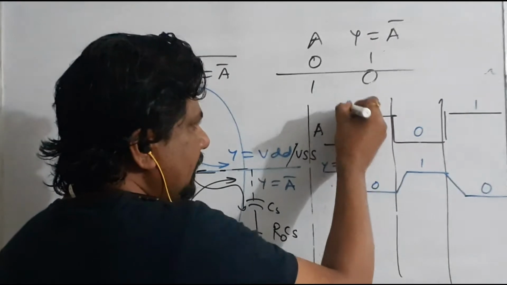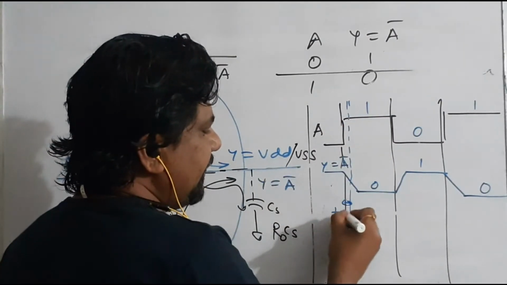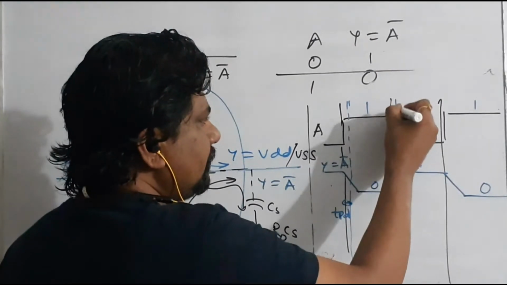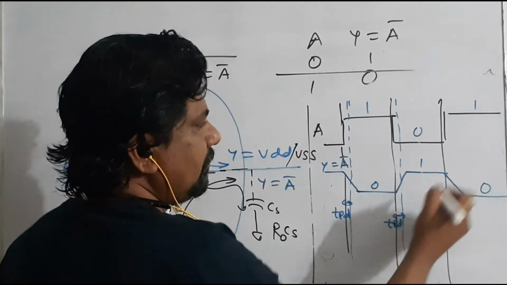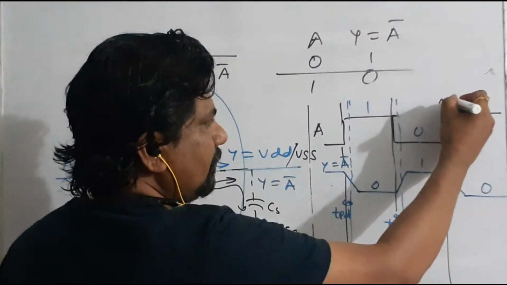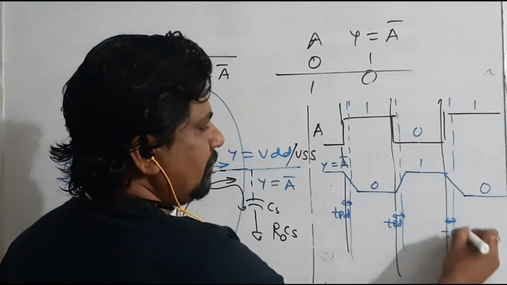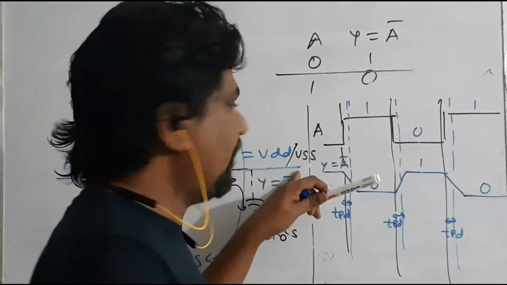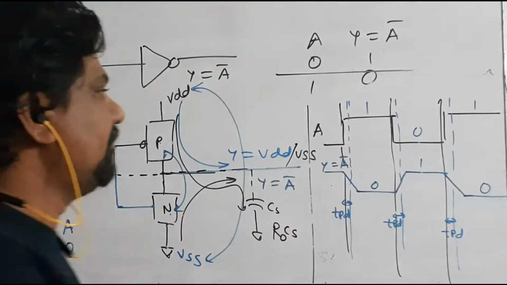If I consider VDD by 2, I will get propagation delay, TPD. So the amount of time required to get a valid output after a change in the input, that is nothing but your propagation delay.